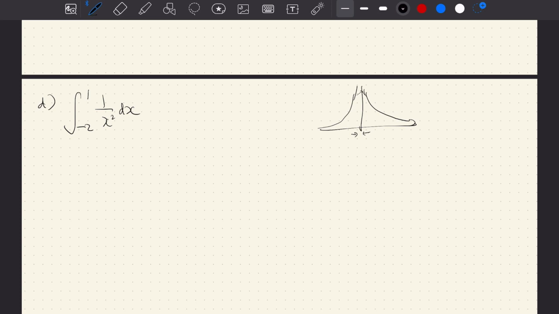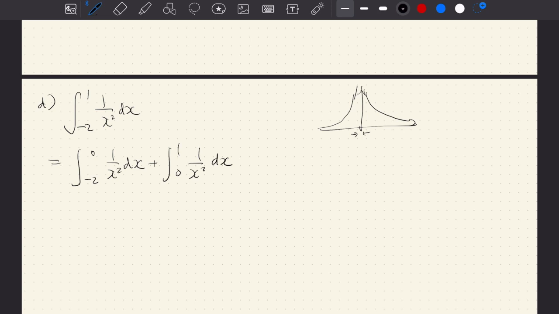So for this type of integrand, where we're integrating from negative 2 to 1, that is including where the infinite discontinuity occurs, we have to split this integral into from negative 2 to 0, and then from 0 to 1.